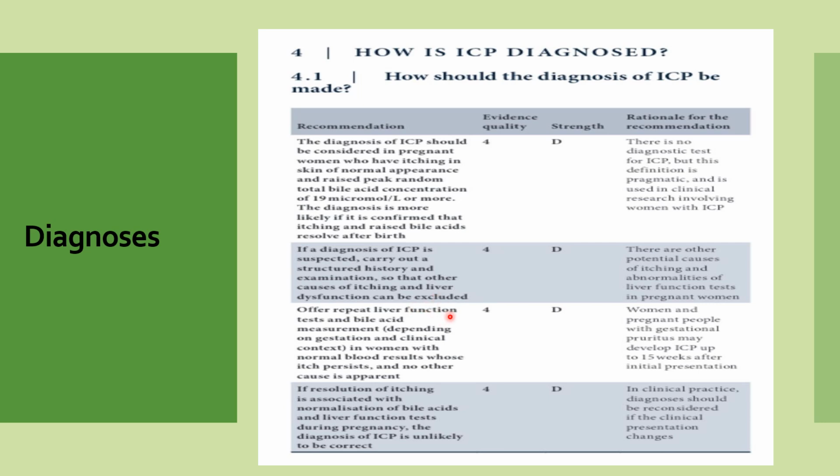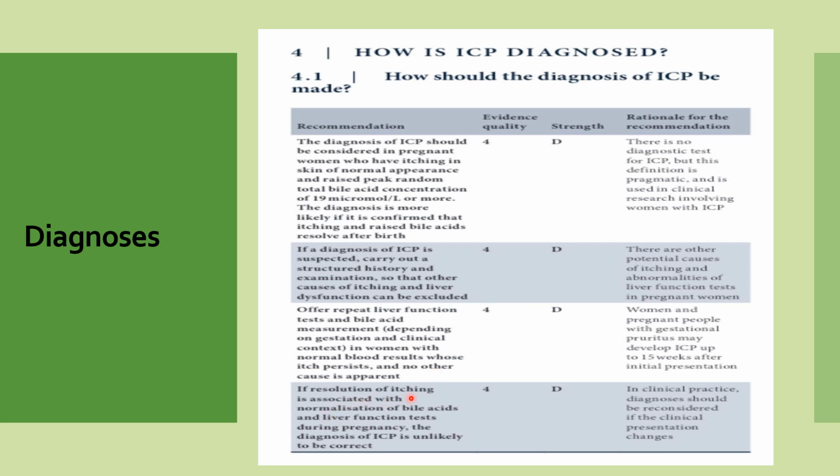We also offer repeat liver function test and bile acid measurement in women with normal bile acid results whose itching persists and no other cause is apparent. So we can repeat the test if we do not find any abnormality but her itching is persistent.